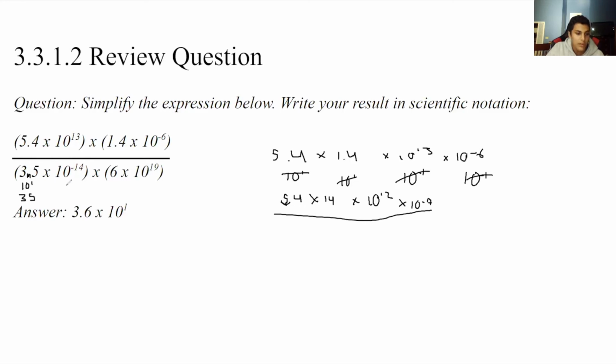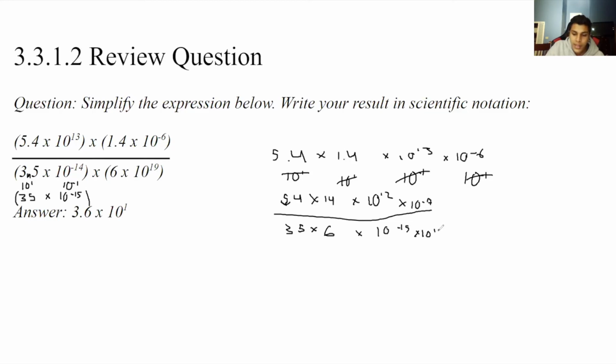In order to offset that, if I multiply my 10 to the power of negative 14 by 10 to the power of negative 1, which means it's going to be 10 to the power of negative 15, that actually doesn't change the value of this expression. So now I have 35 times 10 to the power of negative 15 times 6 times 10 to the power of 19. And if I group that together, I have 35 times 6 times 10 to the power of negative 15 times 10 to the power of 19.